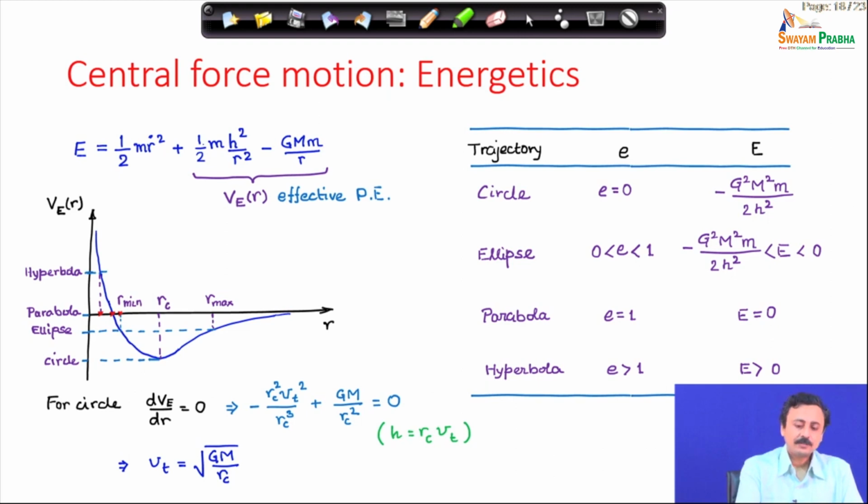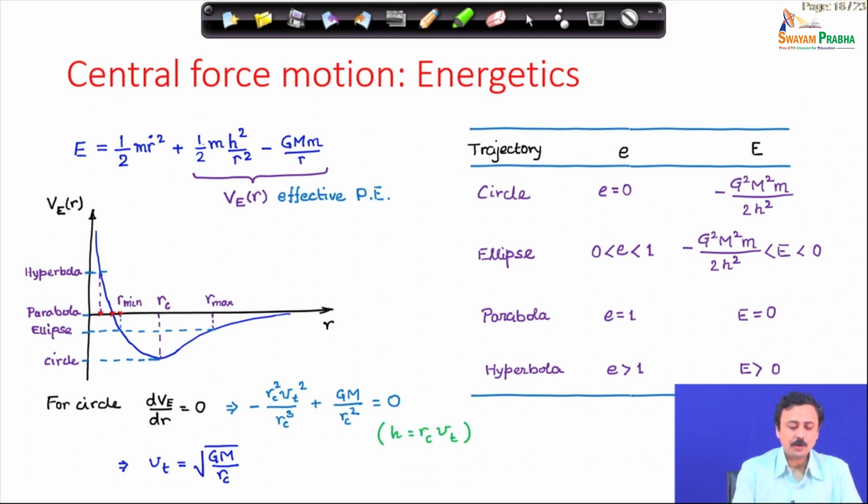When r dot is 0, that means r equal to r min, this effective potential energy is the total energy of the particle, and because that is constant, therefore, it is true for any other values of theta and any other value of r on that trajectory. Therefore, this effective potential energy actually gives us the total mechanical energy of a particle in a certain path.